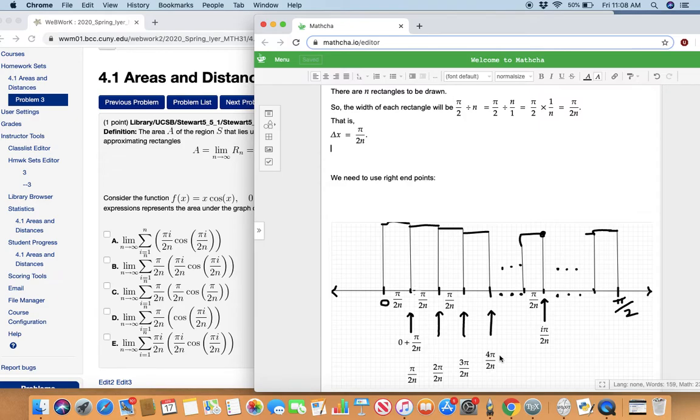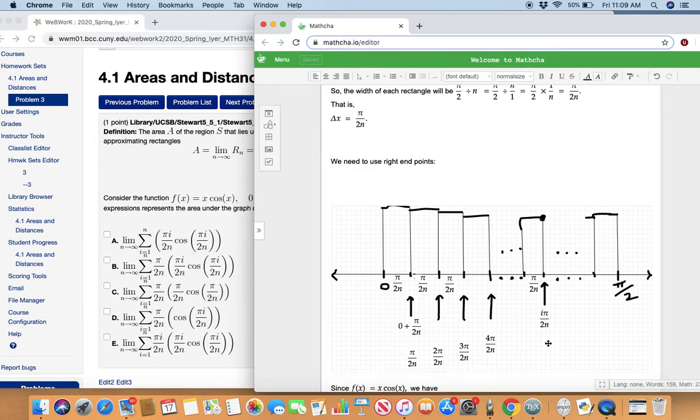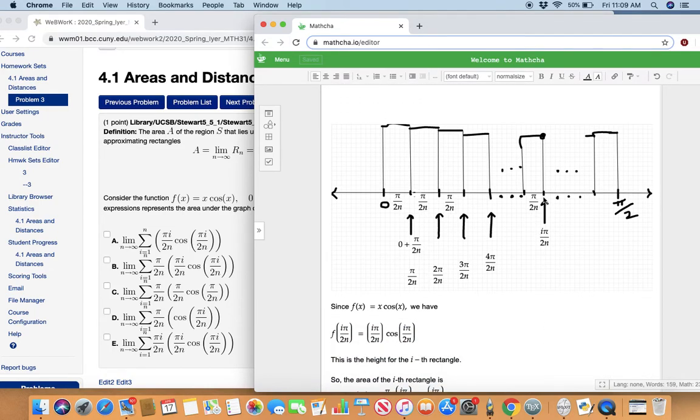I hope it's clear. So for my ith rectangle, I'm looking at a cut point here. This will be 0 plus 1, 2, 3, and so on. Because it is the ith rectangle, I'm adding pi over 2n i times to 0. 0 plus anything is itself, so this number is going to be i pi over 2n. Once you know that, what is the height?